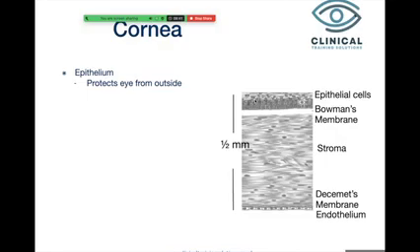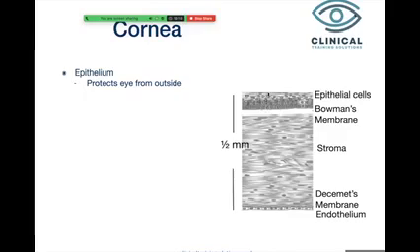And also this epithelium, over a period of a week, will actually slough off, a bit like the skin on your hand. Okay, so that means that if you do damage the epithelium, the eye's going to heal itself in about a week. So generally, a scar, as long as it's not infected, will start to get better after a couple of days. You'll start to see the scar looking better. Okay, so that's the purpose of the epithelium.